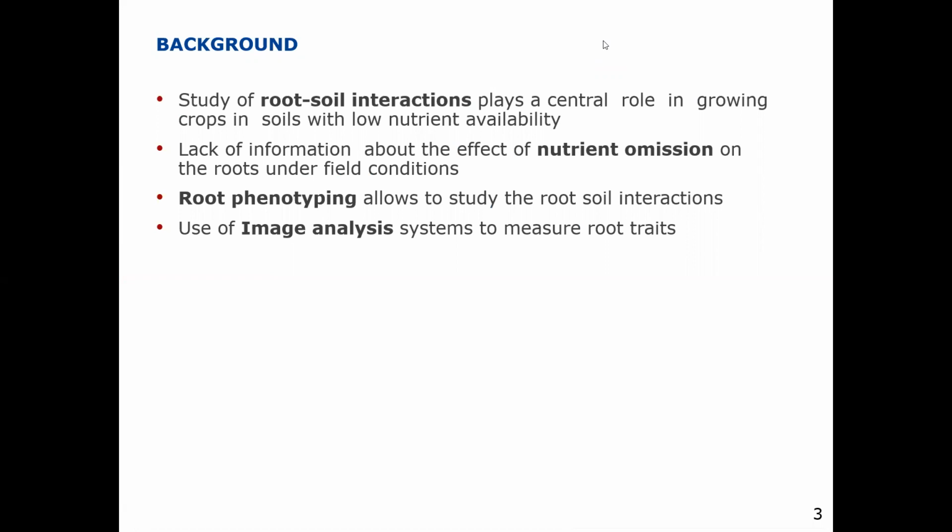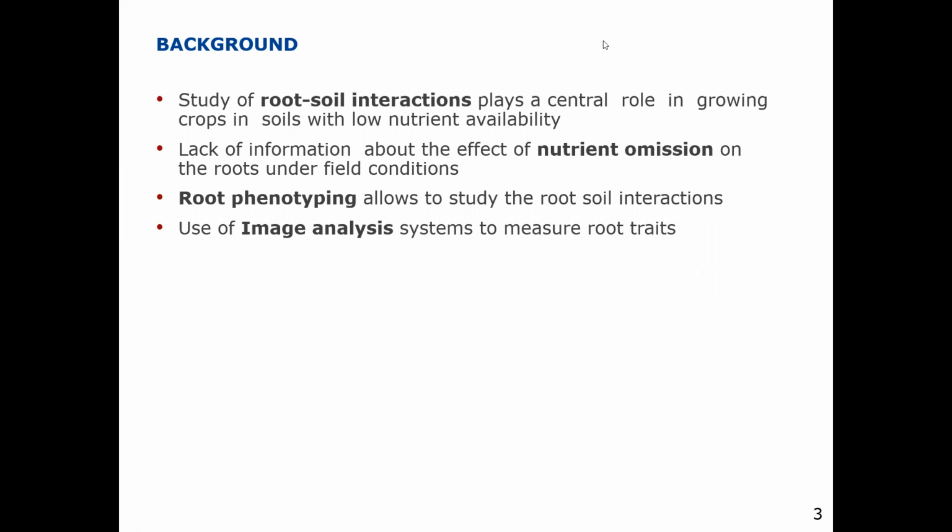That's why a better understanding of the root-soil interactions plays a central role in growing crops in soils with low nutrient availability. Nutrient acquisition by roots is among the most important root properties, and to date there is still a lack of information about the effect of nutrient omissions on the roots at field scale.